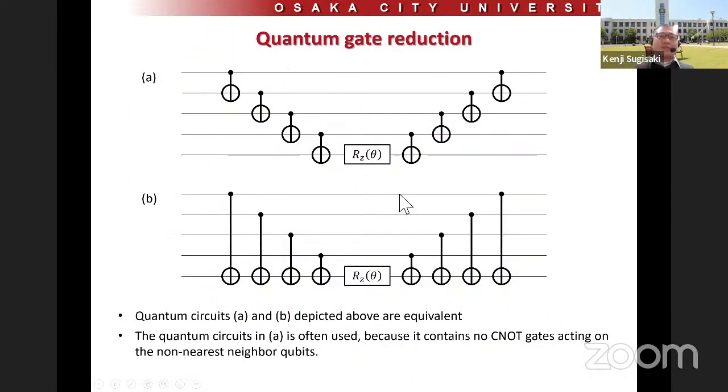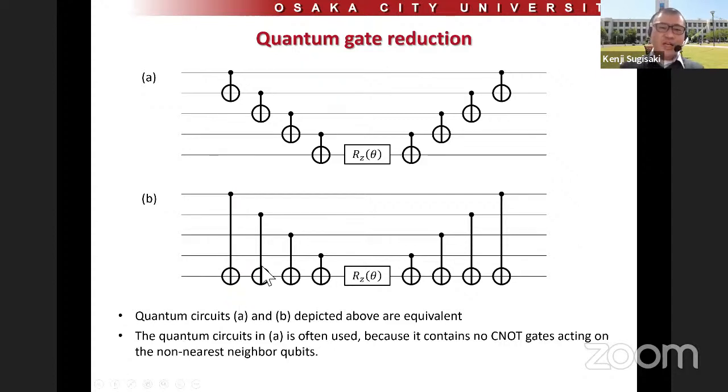And next, I would like to discuss quantum gate reduction. In the quantum circuit construction, I introduced that these quantum circuits, A and B, are equivalent. In quantum chemical cases, we usually use the quantum circuits of type A, because type B quantum circuit includes some non-nearest neighbor single gate.